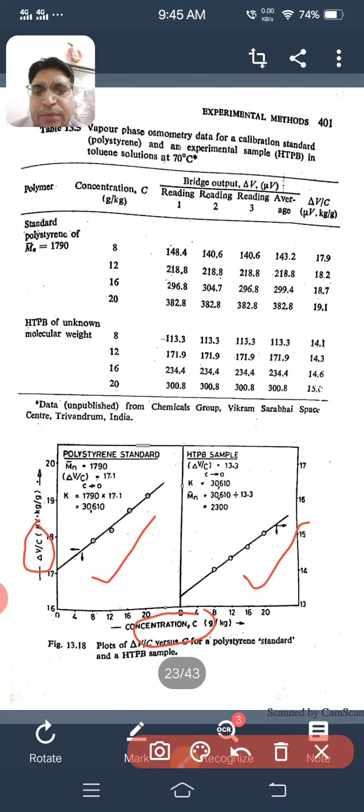In the HTPB sample, delta V upon C at C equals 0 is 13.3, and K equals 30,610, which is determined by the polystyrene standard. And now we determine M bar n of HTPB as 2300.